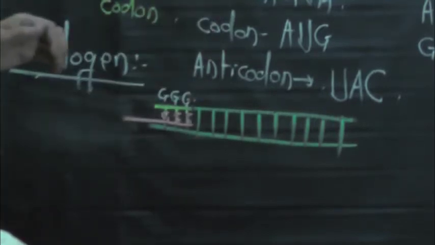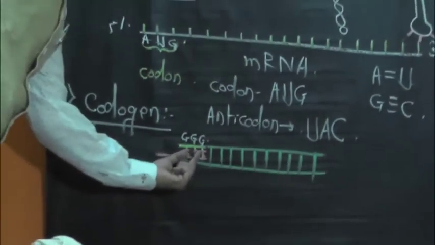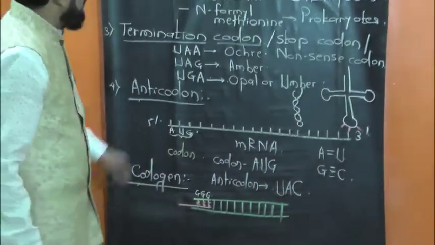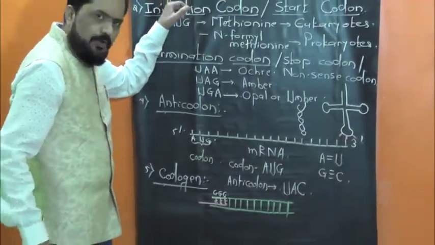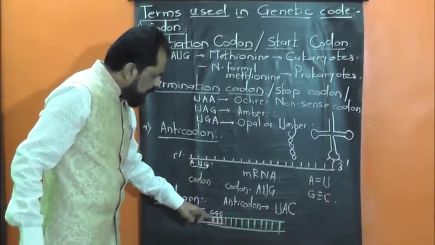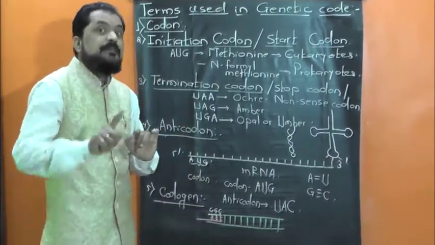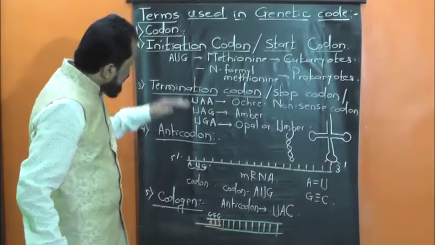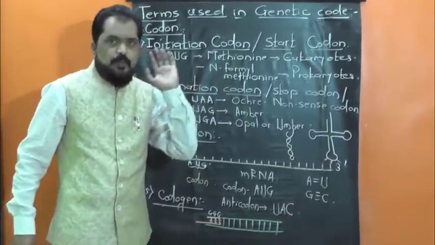And we know the triplet of nucleotides on messenger RNA is called the codon. That's why I said the codogen and codon are complementary, and codon and anticodon are also complementary.